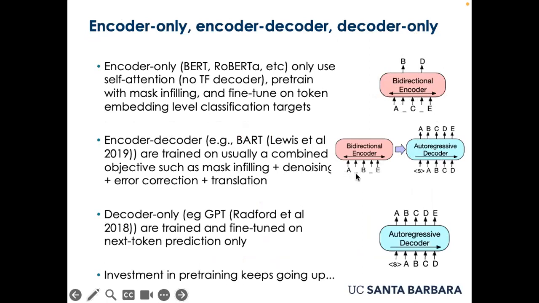So we still have A blank, B blank, E, but instead of filling those elements in directly in place, we have a second decoder that's producing the sequence 1 element at a time. But it's still learning to do the correspondences, where as it predicts the next element, it both looks at the previous elements that it printed out and it looks at the elements in the original sequence.